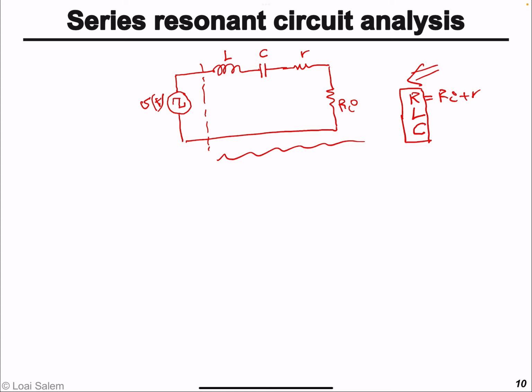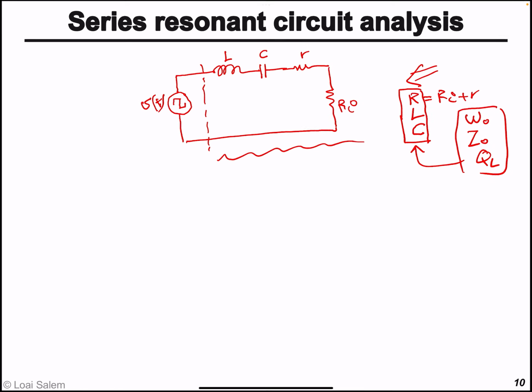You can also fully define an RLC circuit via another three parameters, which are omega node, Z node, and QL. So what are the values of omega node, Z node, and QL in terms of R, L, and C?